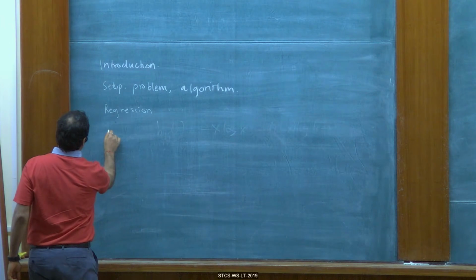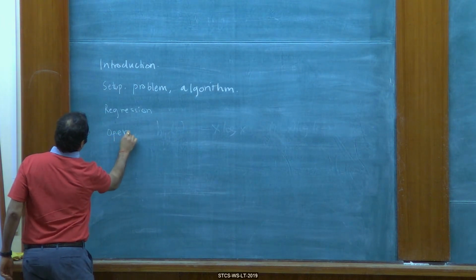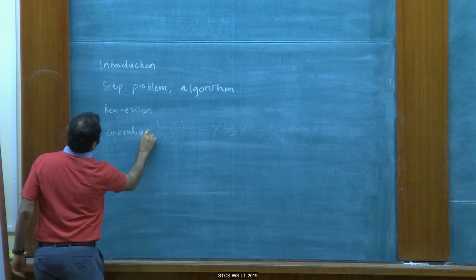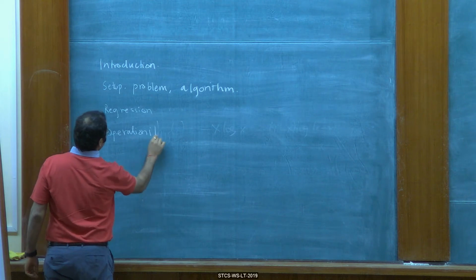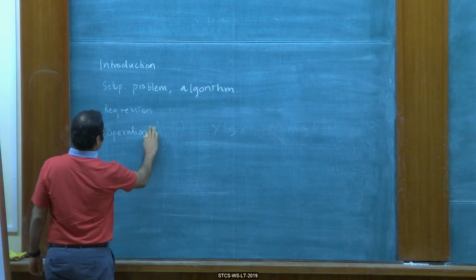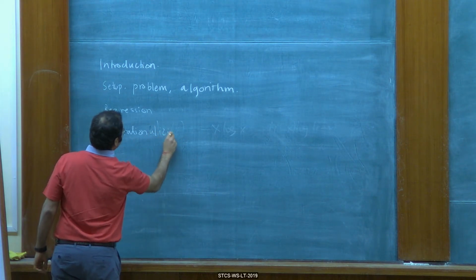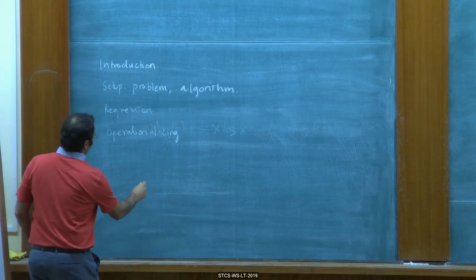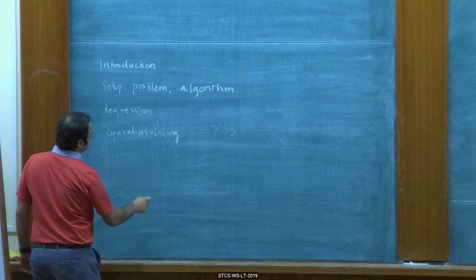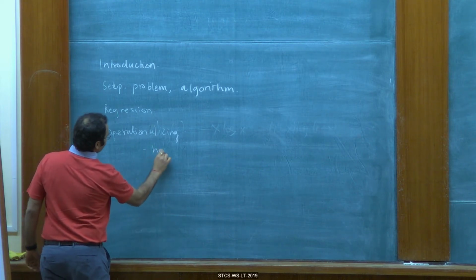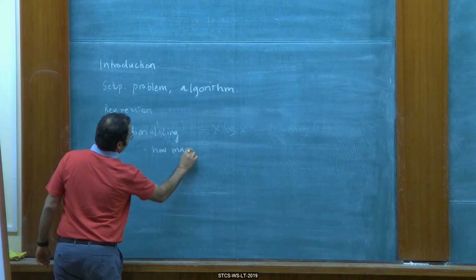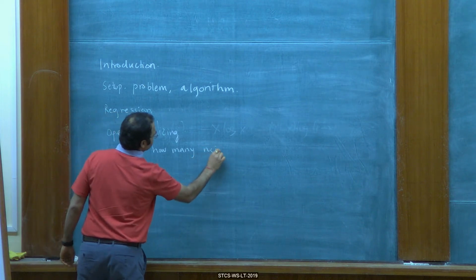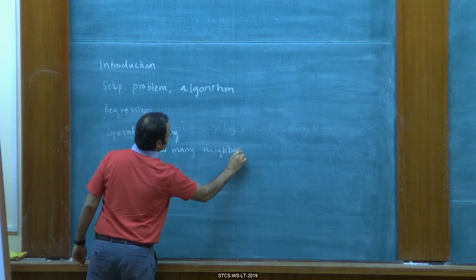Finally, I would like to talk about some of the challenges in operationalizing these algorithms. In particular, there are three things I would like to discuss, and this will make more sense as we talk more about it. First, how to choose the number of neighbors.